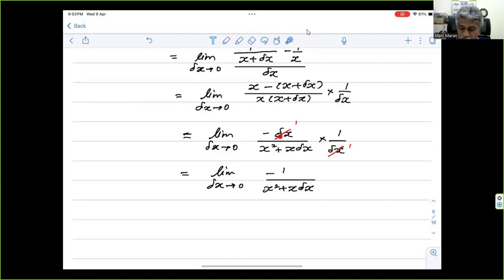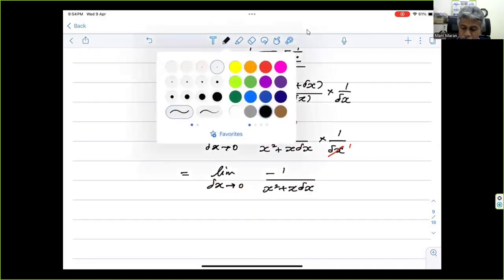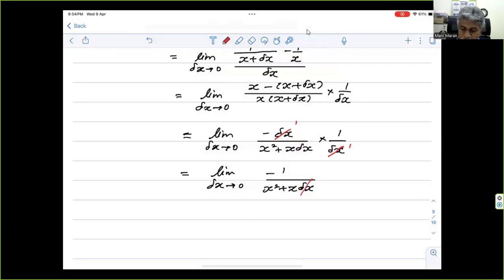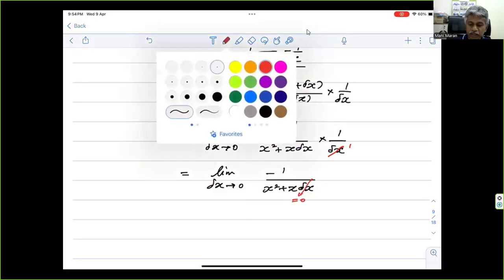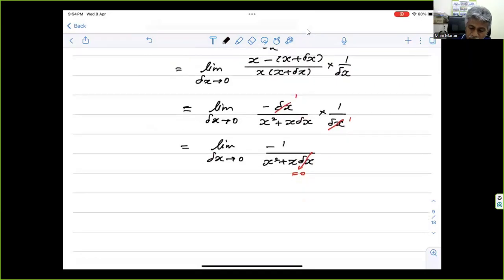Okay, so this part cancels off. You have only 1 on top there, so negative 1. The bottom remains the same. So the next line, what we do, we substitute delta x equal to 0 inside here. So when you put 0, immediately you'll get negative 1 over x squared. So that is your answer.